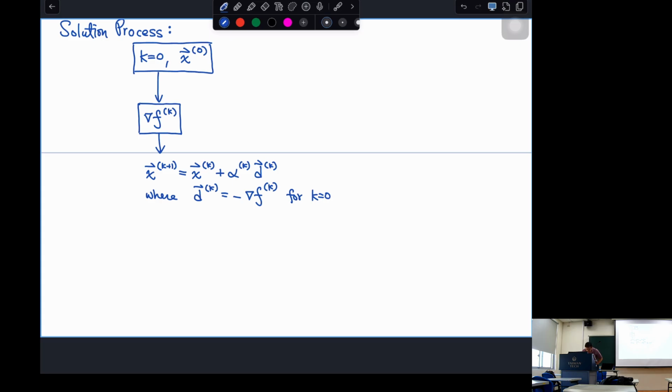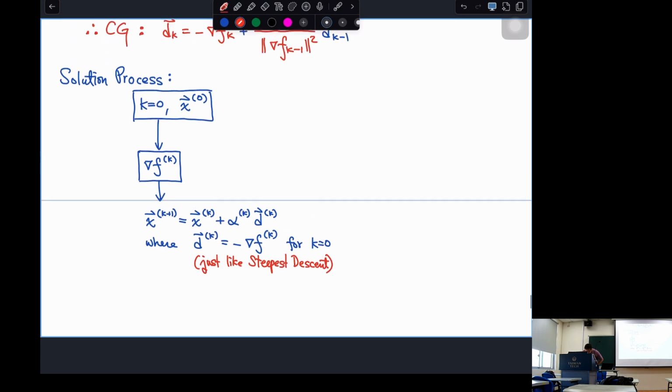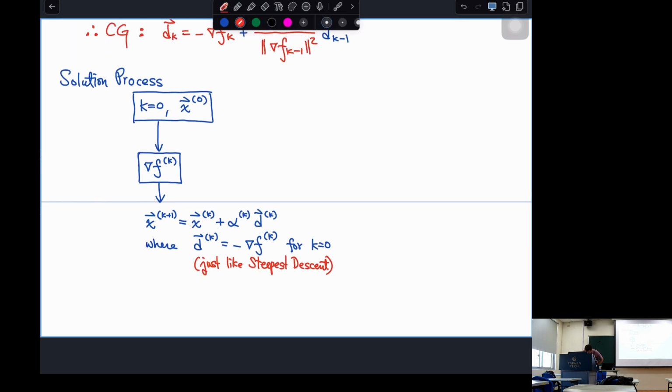So this is just like steepest descent. And right now we are introducing the solution process of conjugate gradient. But in the first iteration, your dk is just like steepest descent.